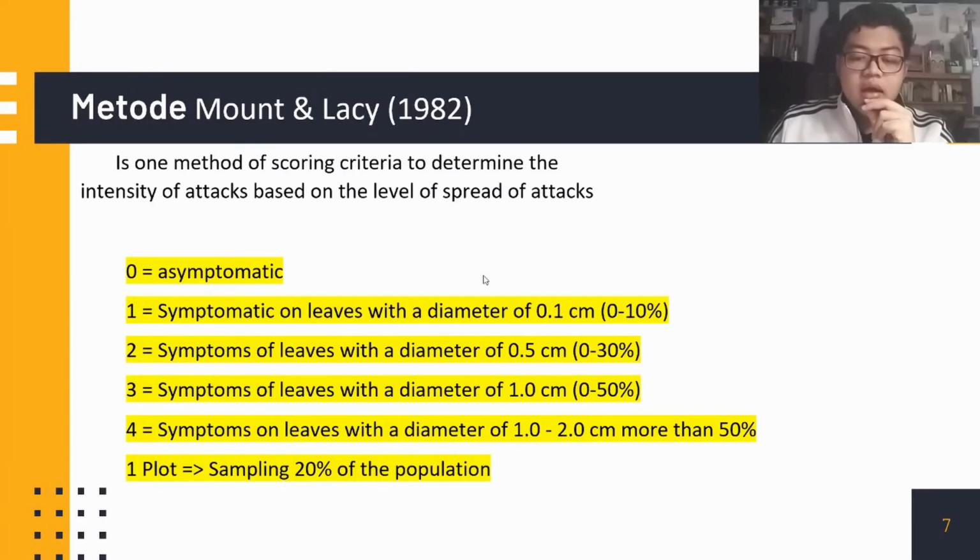Next one. A scoring method was delivered by Mount and Lacey in 1982.